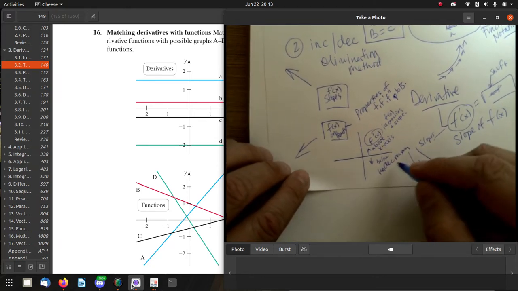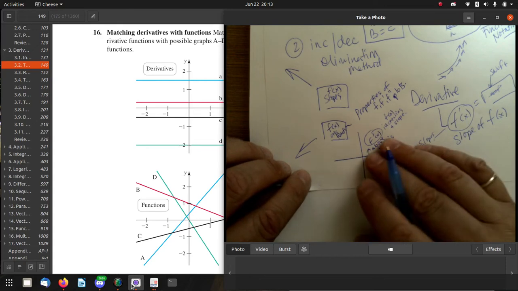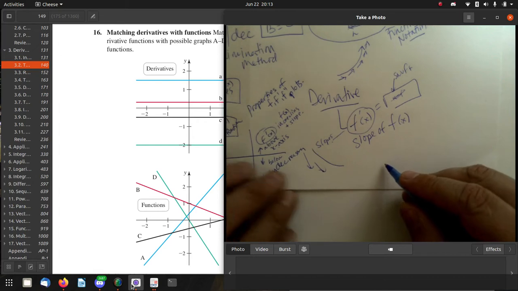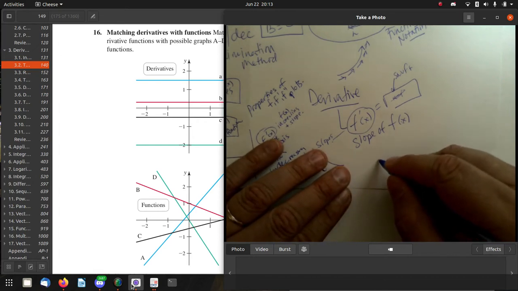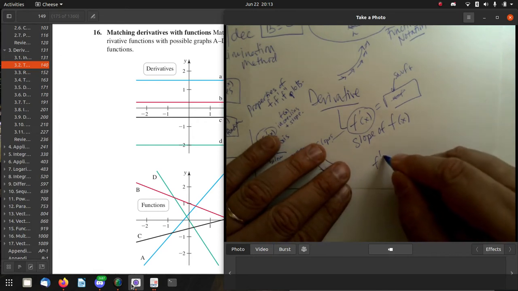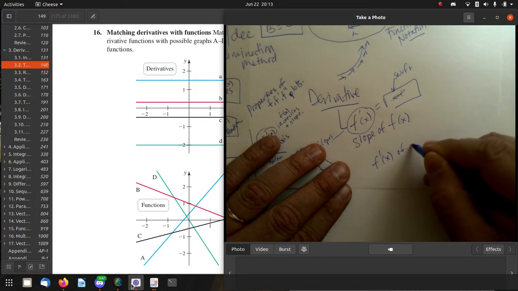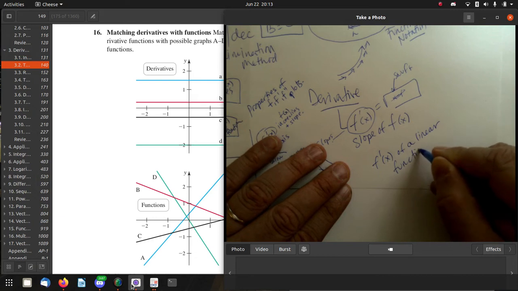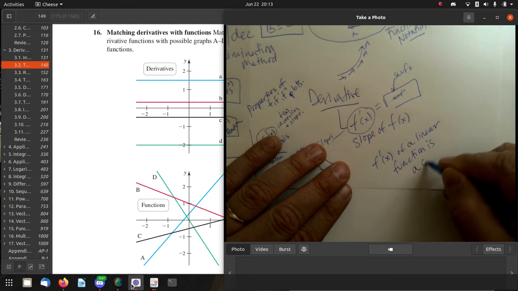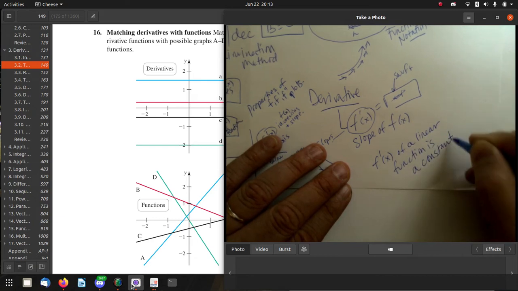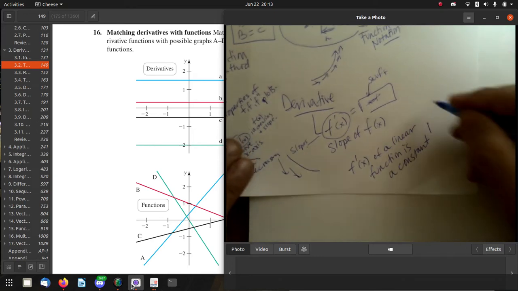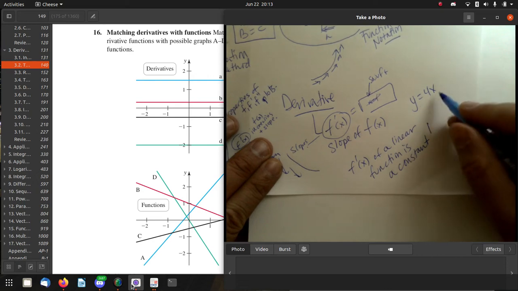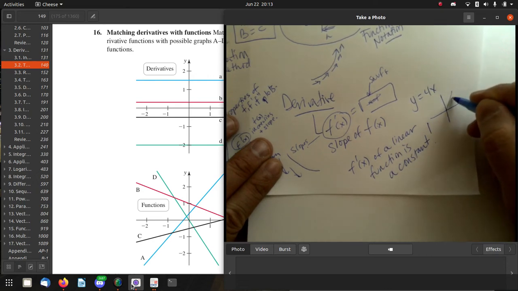So the other pattern that you learned, which you may not want to put on the plot itself but on the page of these notes, and which is a very important pattern, is that the f prime of x of a linear function is a constant. And that makes sense, right? Because if we take y equals 4x, it has a constant slope.